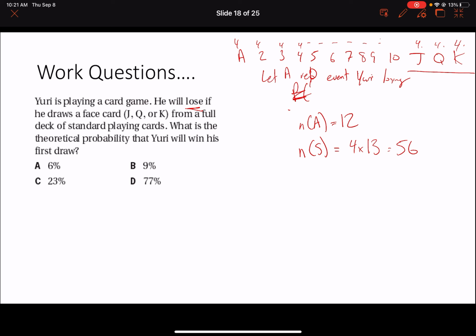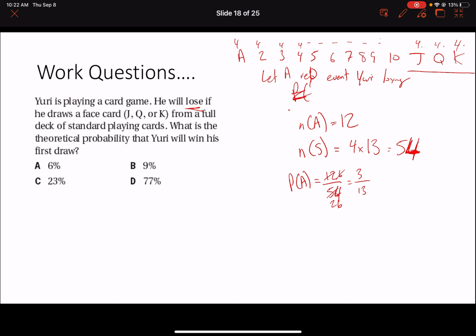So the probability of A is equal to 12 over 52, my mistake, not 54. So 6 over 26, which is equal to 3 over 13. So that's the probability of Yuri losing.